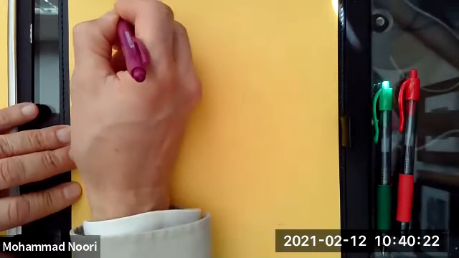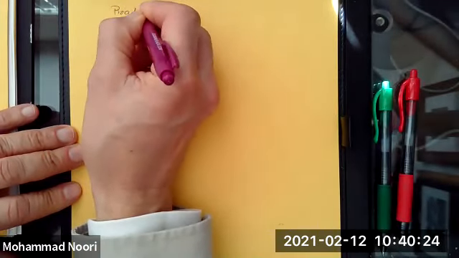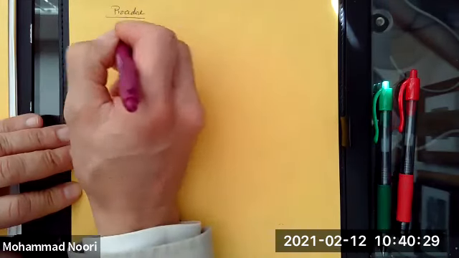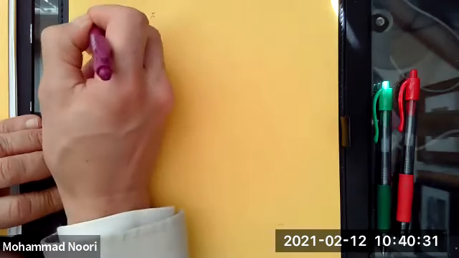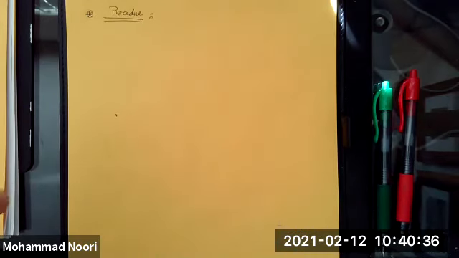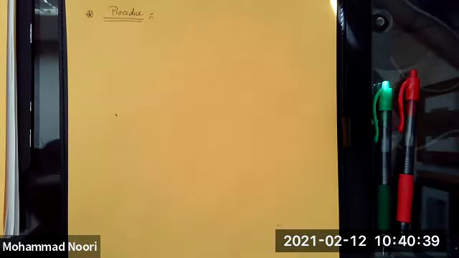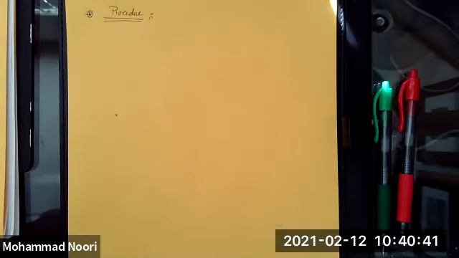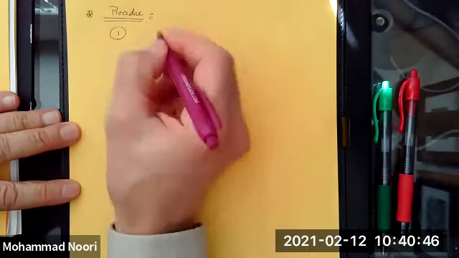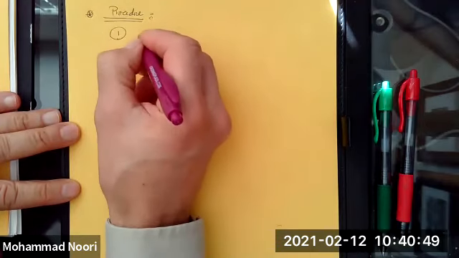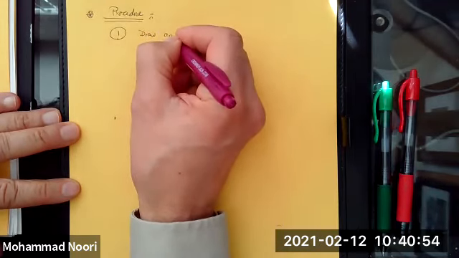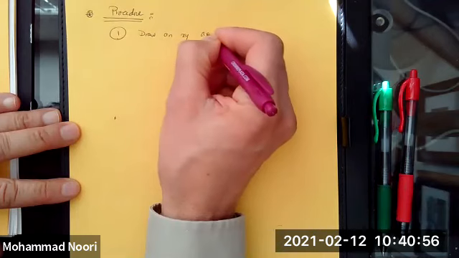And what is the process or the procedure for solving frame problems? I want you to follow these. And if anything you remember from Professor Nouri is that he emphasized this concept of methodical approach to solving problems, okay? What is this method? Number one, if you're given a frame structure, you draw an XY set of axes.